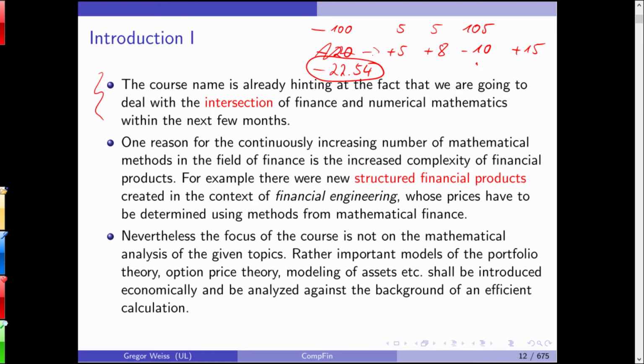This example is quite simple, but usually these products are much more complex. They include derivatives. They have certain clauses. They are conditional on certain events being triggered. And this makes the valuation of these products quite difficult. This is why you should then turn to mathematical models to value these structured financial products. Okay.